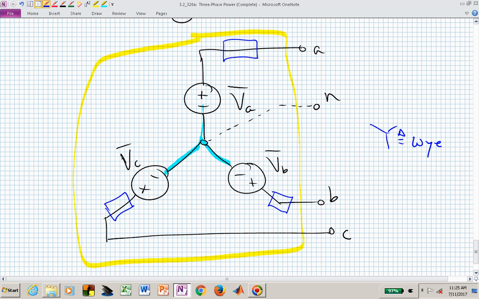If we're in a balanced system, V sub A, V sub B, and V sub C will look like the balanced three-phase set of voltages that we just talked about. And these generator or source impedances, let's say capital Z sub G for generator A phase, Z sub G for generator B phase, and Z sub G for generator C phase, if it's balanced, those will all three be the same.